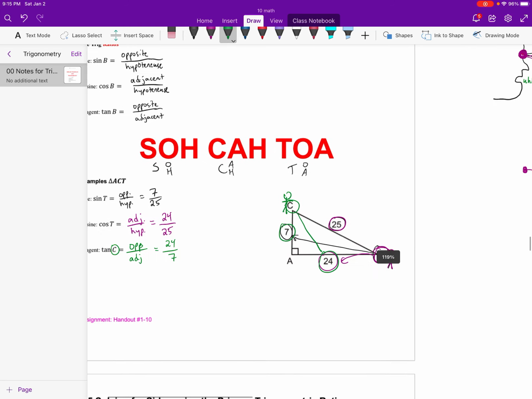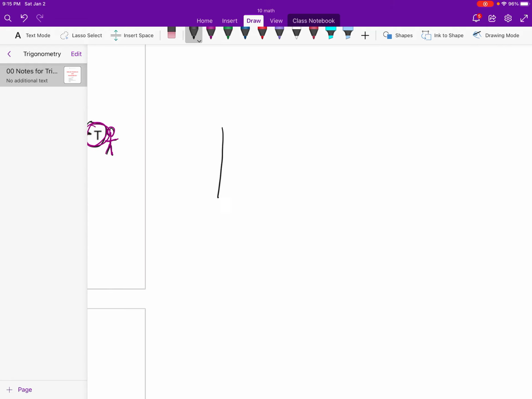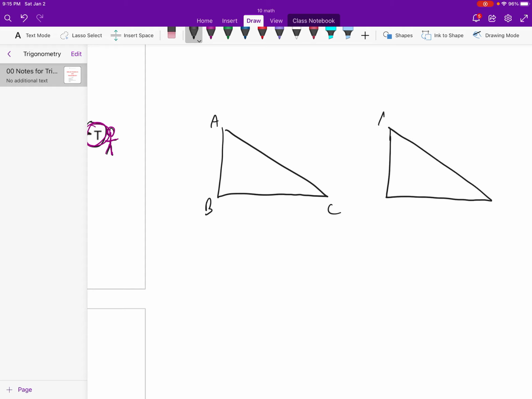Notice that in a triangle, A, B, C, and the same triangle, A, B, C, if we take the perspective of A, this side is the opposite because it's across from A. This side is the hypotenuse because it's across from the 90-degree angle.